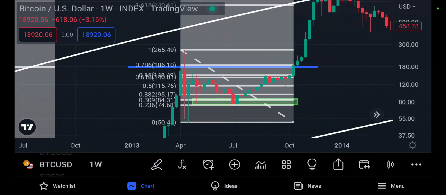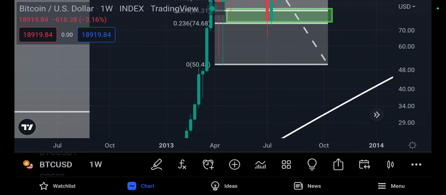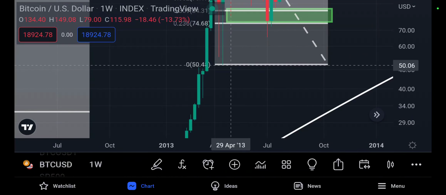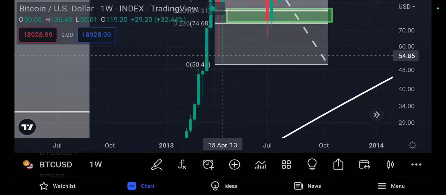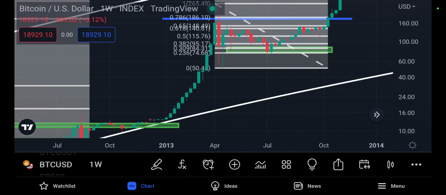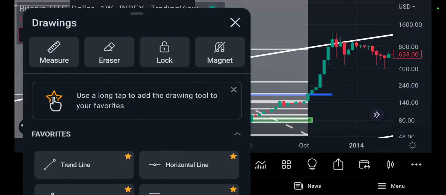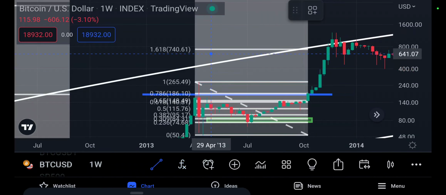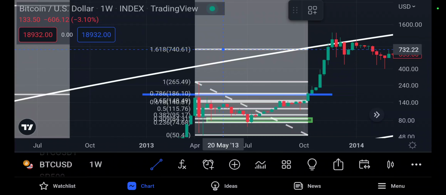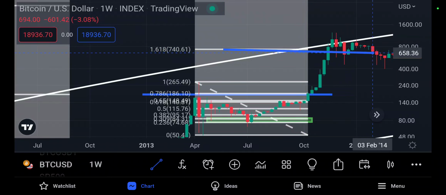And this low price is denoted over here, 50 cents. $50. So what we do after that is we look at the 1.618 fib. And as you see, 1.618 Fibonacci is sitting at $740.